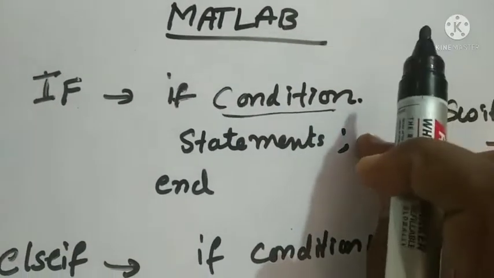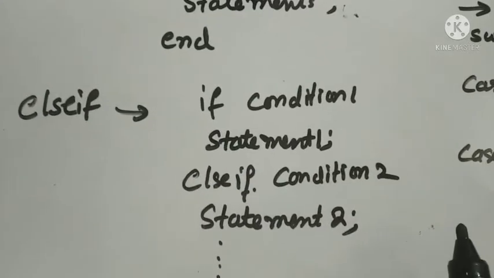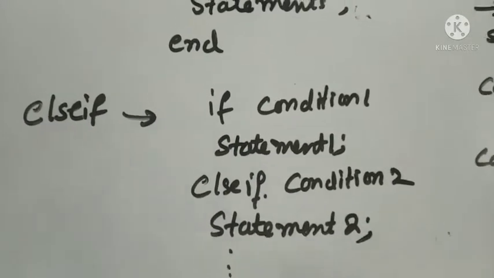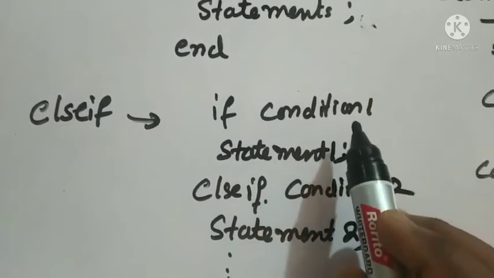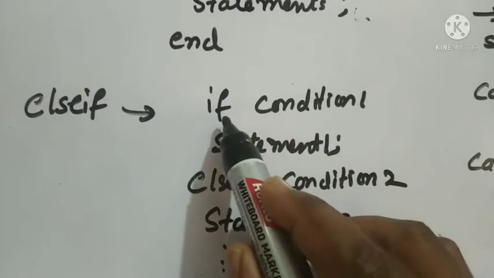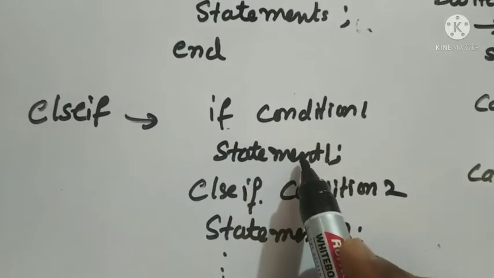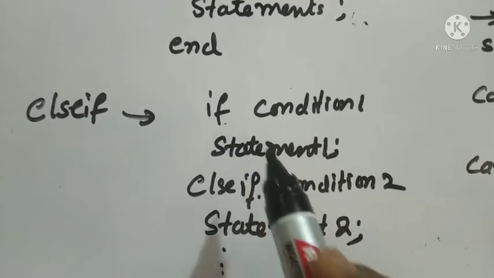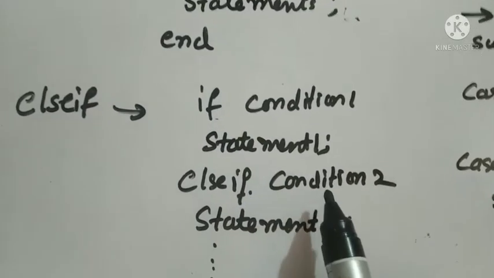Next we will go for else if. Else if is nothing but a nested if condition, in which the first if has the first condition. If the first condition is satisfied, then the first statement, present between this if and the else if, will be executed. If this condition fails, then it will go for the second condition.